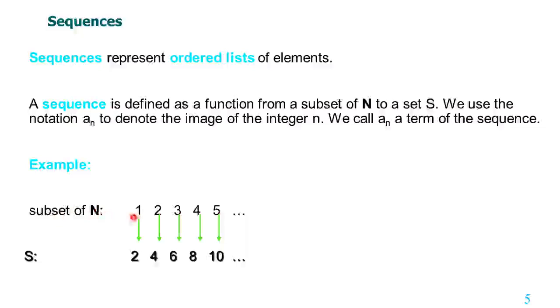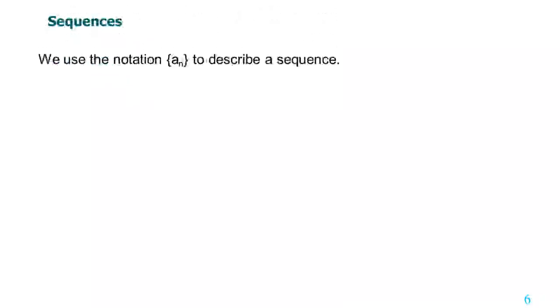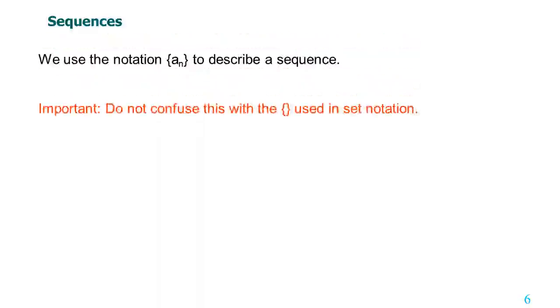Here N consists of the natural numbers, and S consists of all the elements of the sequence. Here we use a_n to describe a sequence. It is not to be confused with set notation.